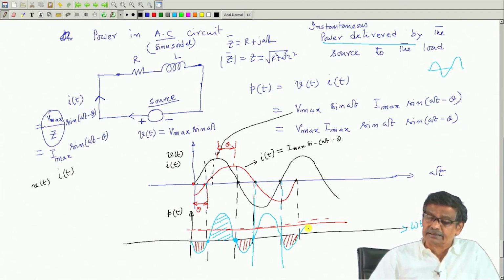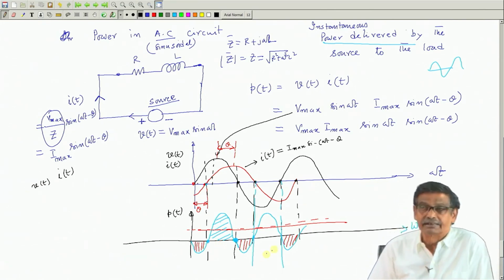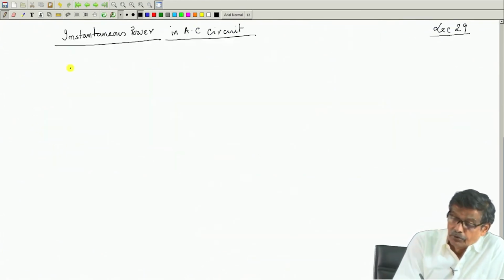And we say the circuit absorbs so many watts of power on average. But there is another, much nicer way of looking at this, which is what I want to share with you. We will play with those equations a little more.